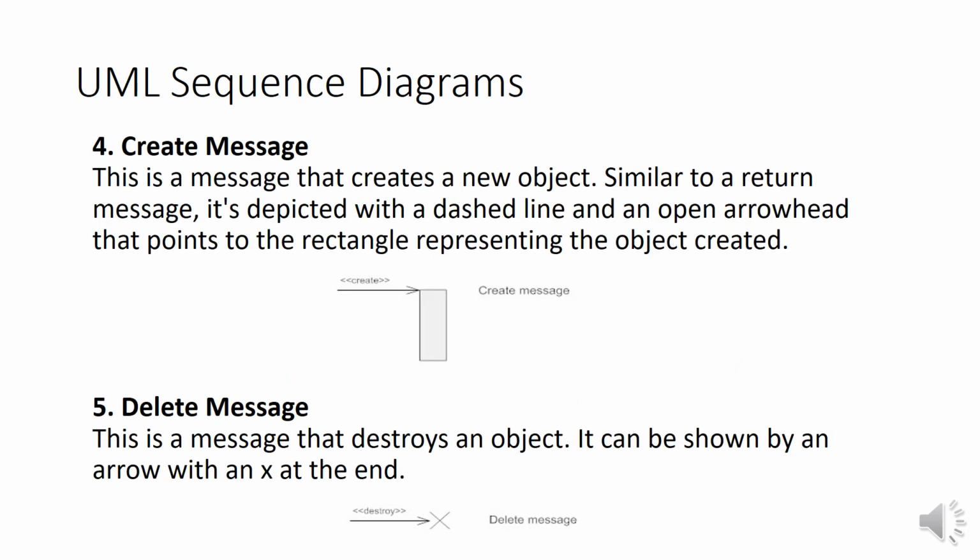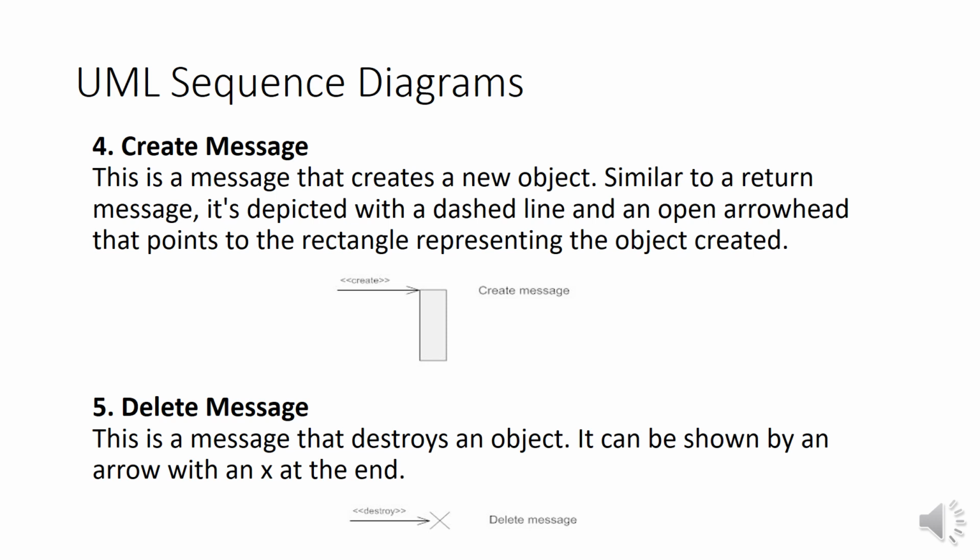The fourth kind of message in a sequence diagram is create message. During interaction among the participants, objects can be created or destroyed.